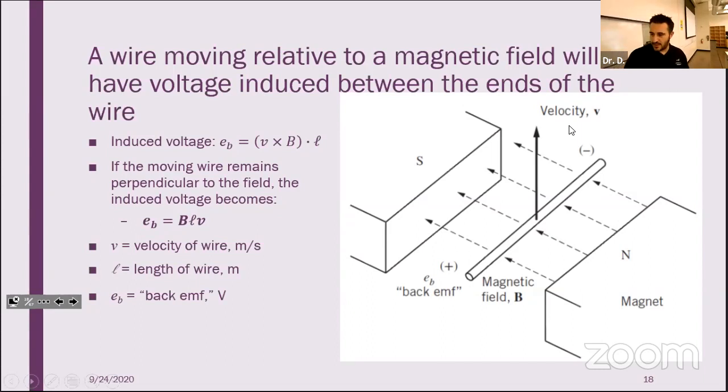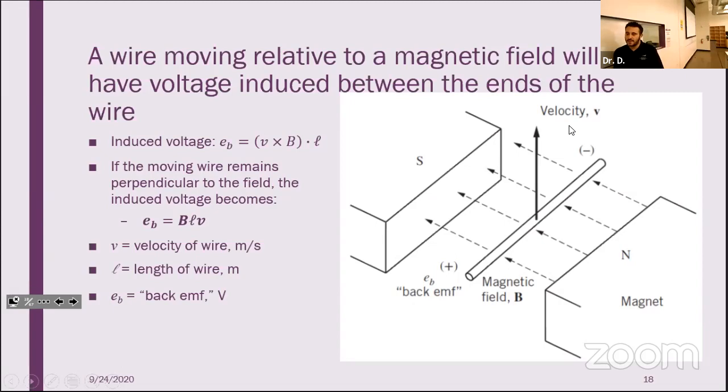Now notice we don't have any current flowing through this wire. This is just a wire, and we're just going to pull it up through this magnetic field. Well, if I pull it up through this magnetic field, it's going to create a back EMF. There's going to be some voltage that's fighting against it, as if I was to hit a switch and turn on a battery.